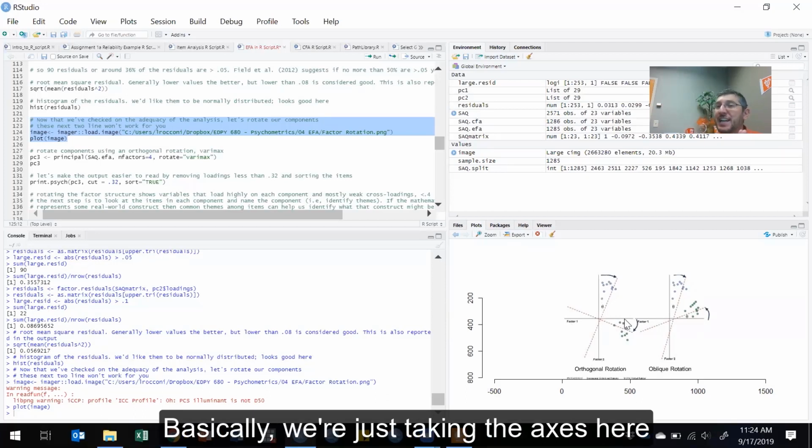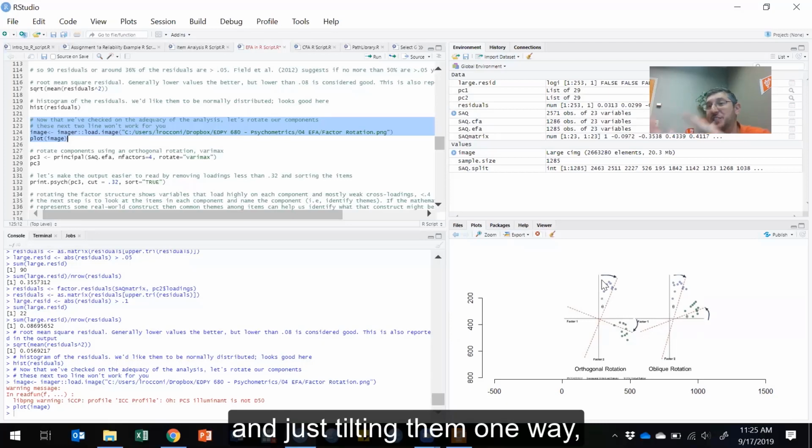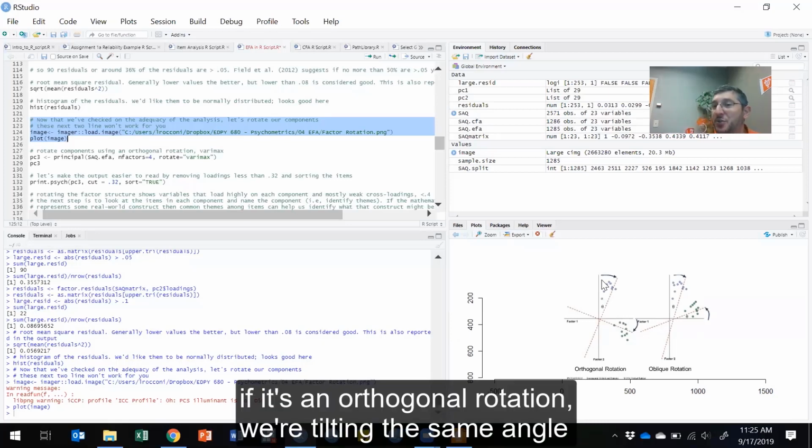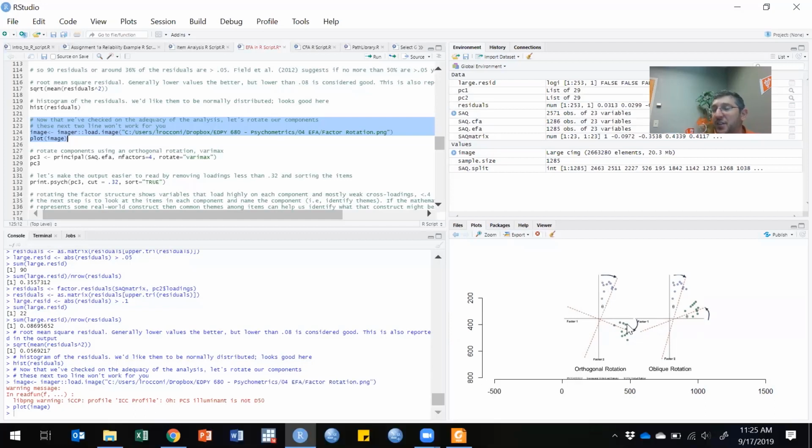Basically, we're just taking the axes here and just tilting them one way. If it's an orthogonal rotation, we're tilting the same angle so that they're orthogonal or independent of each other.